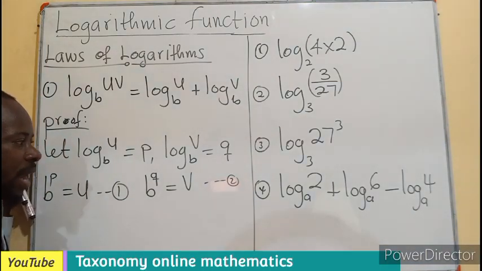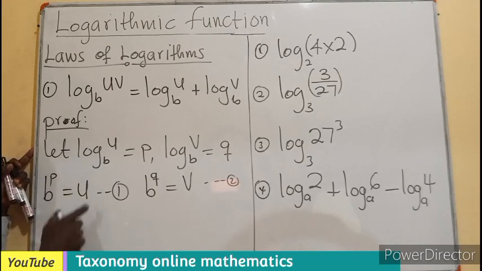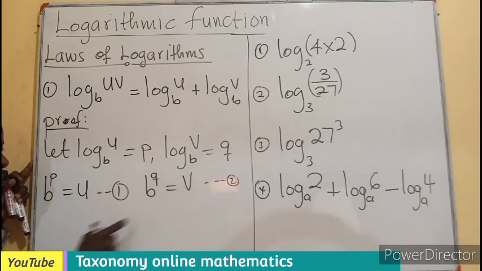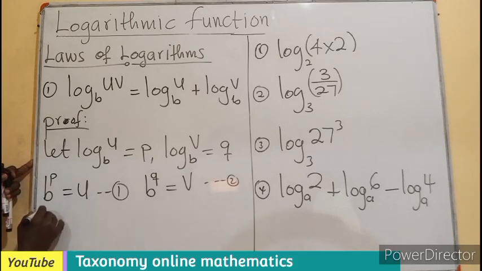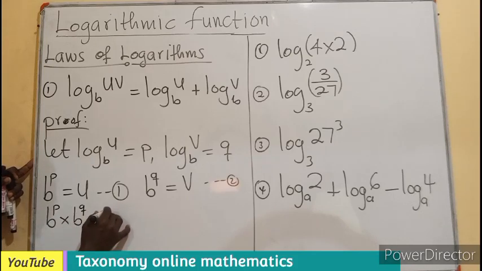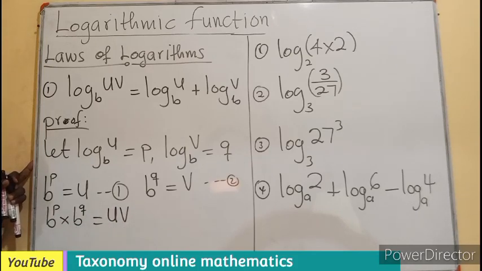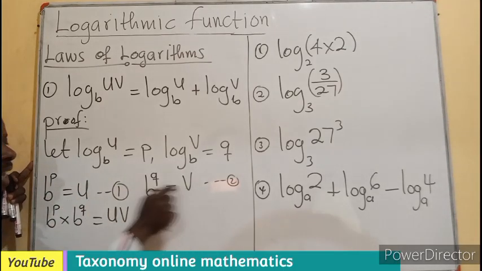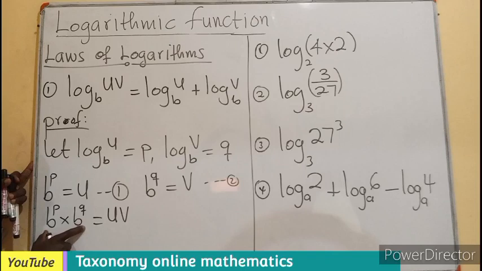Now let's multiply equation 1 and equation 2, the left parts together and the right parts together. So I have b exponent p times b exponent q equals u times v.